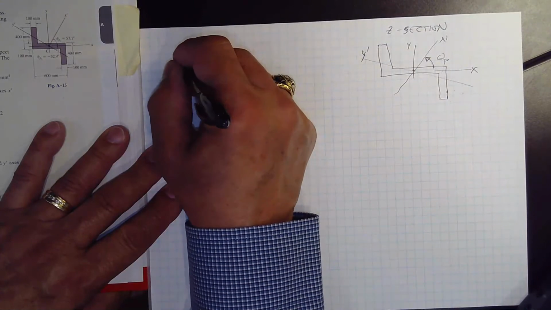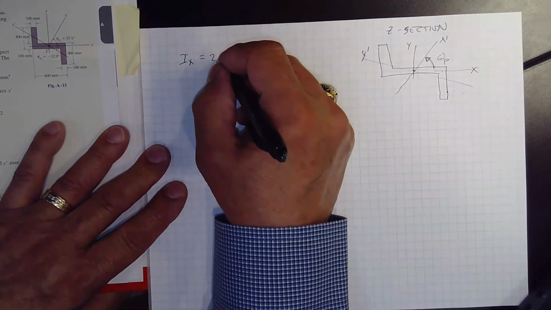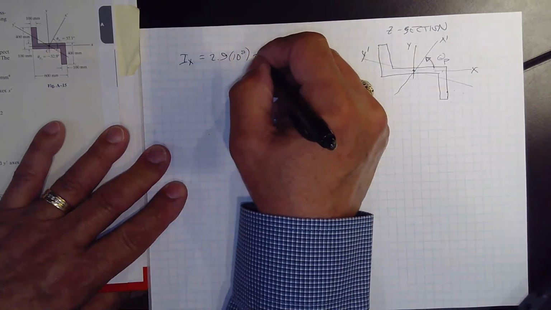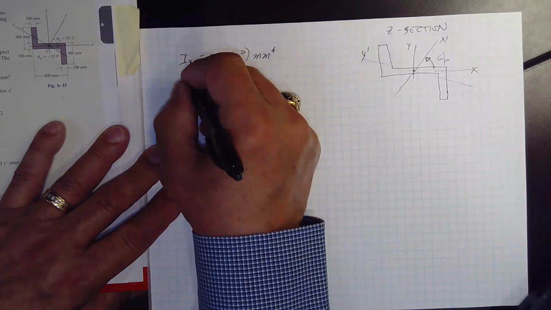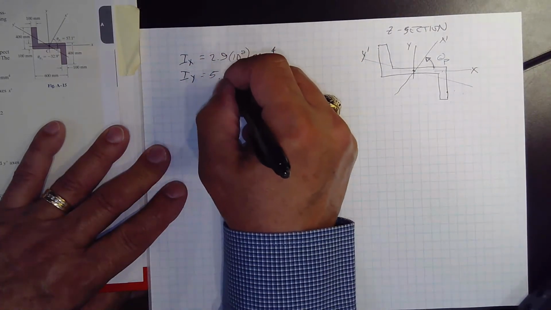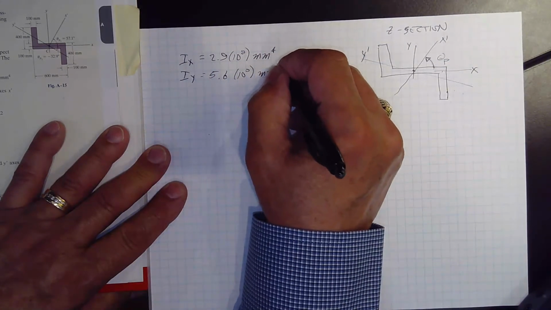We said from before that Ix was equal to 2.9 times 10 to the 9th millimeters to the 4th. We said Iy was equal to 5.6 times 10 to the 9th millimeters to the 4th.